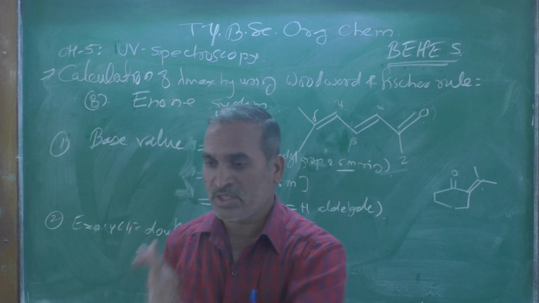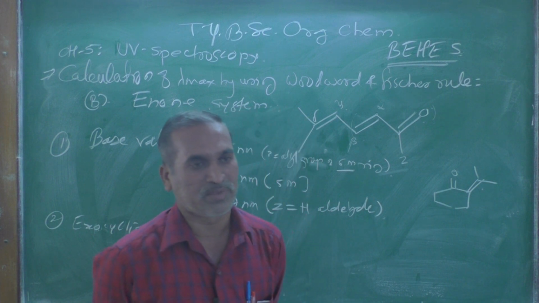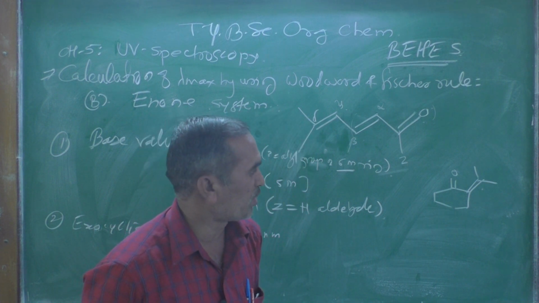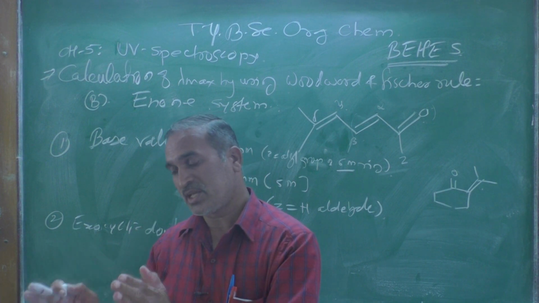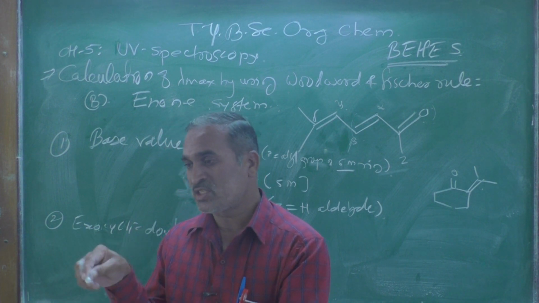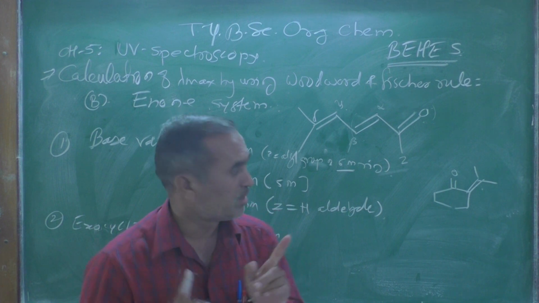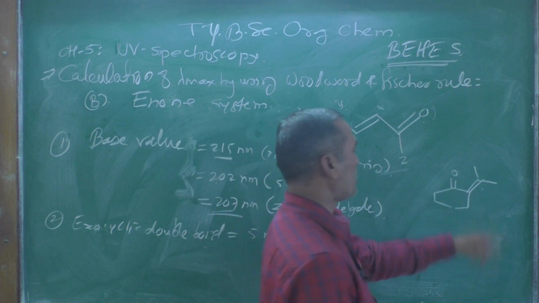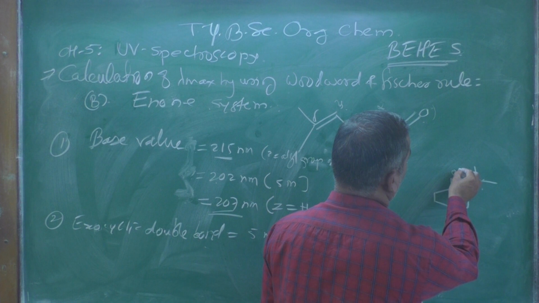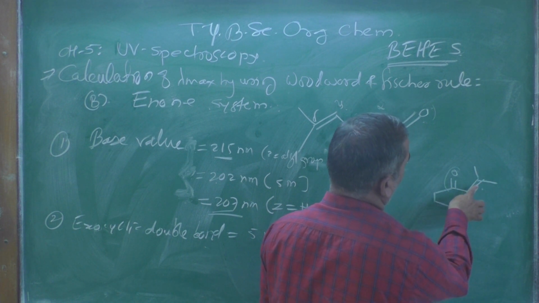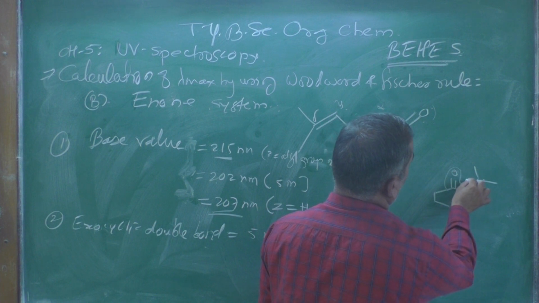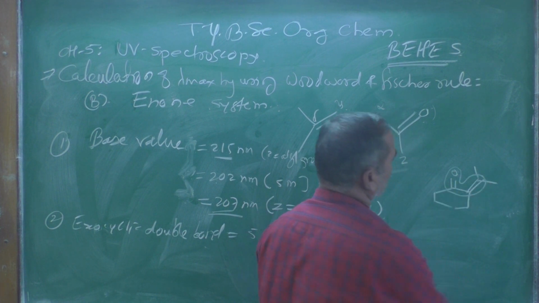If you observe this structure carefully, what do you see over here? Does this molecule contain an enone system or a diene system? Look here. This compound has a carbonyl group, single bond and double bond, and this system is an enone system.